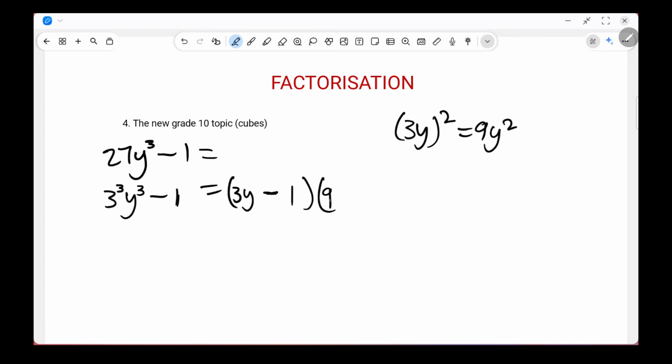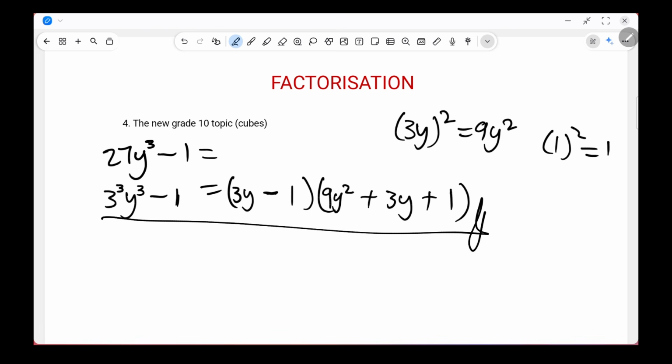We'll write 9y squared. And then the opposite sign, 3y multiplied by 1 is 3y, and then always positive, and then it's 1 squared, which is 1, then done. This is our final answer.